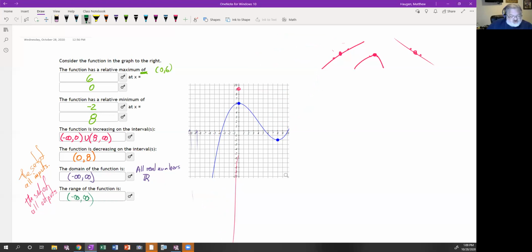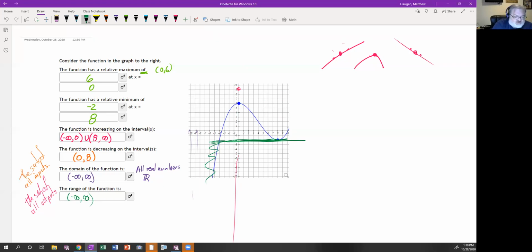One of the hard things to do when you're talking about domain and range is that it's difficult to ignore things like maximums, relative maximums and relative minimums. Like the fact that this stops down here at -2, you kind of want that to affect the range somehow. But since the graph keeps going below that -2, that minimum at -2 has no effect on what our range is.